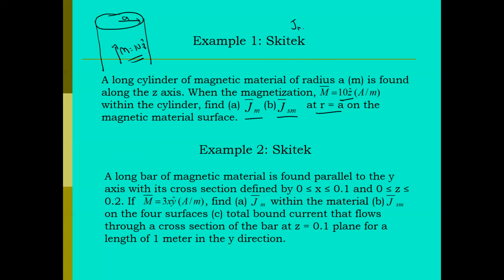Jm, which is the volume current density inside the material, should be given by the curl of the M vector.